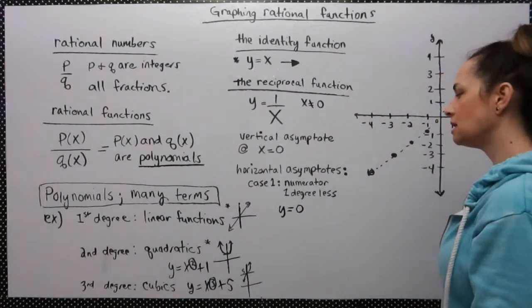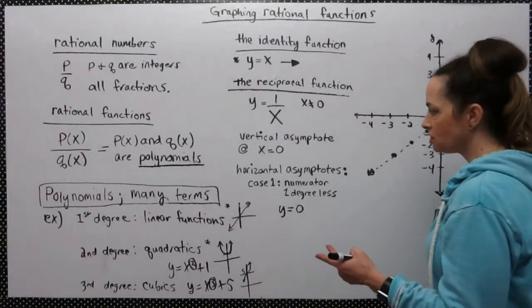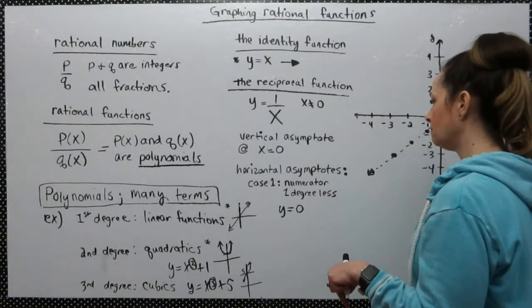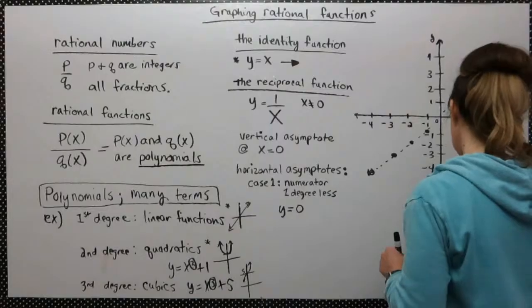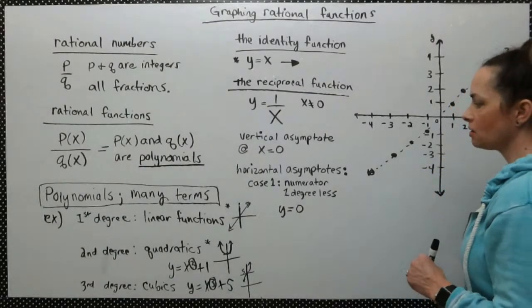The second case is if they're equal degree, then you look at the coefficients. And if the denominator is 1 degree higher, you have an oblique asymptote. So we'll talk more about that later.